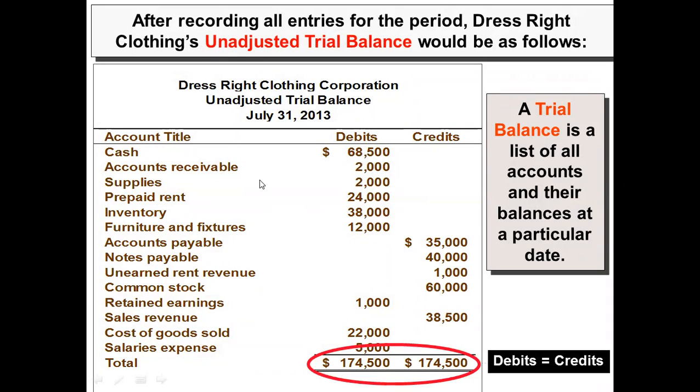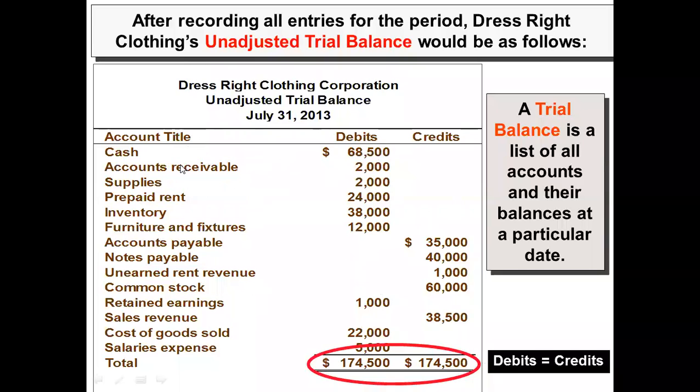Okay, so after we've finished recording all of the entries in the journal and then posting them to the ledger, here's the listing of all of our accounts and the balances. So we make sure we put the debit balances and the credit balances there. Here's that cash account that we saw in the previous slide. It had a $68,500 debit balance.